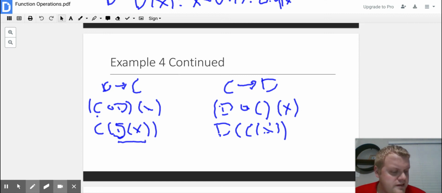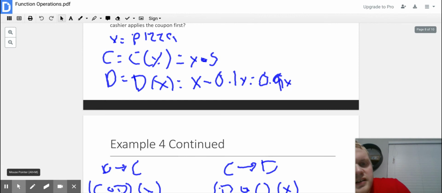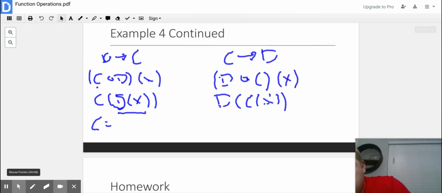So for this instance, when I write my equation, it's going to be c of d of x. If I go back up here, we said that d of x equals 0.9x. So I'm going to plug that in right here. So c of 0.9x.